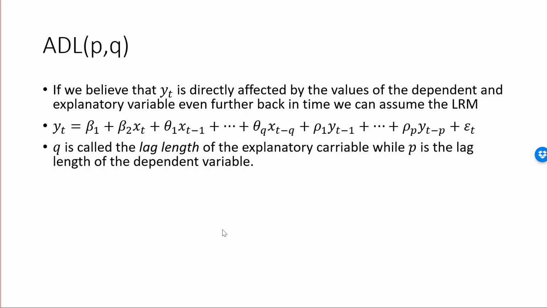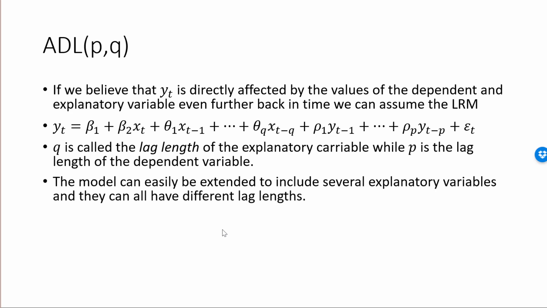Now, so far I've just looked at one explanatory variable, not to make the notation too messy, but it's certainly possible to have several explanatory variables. And you can have lags on all of these explanatory variables. And you can even have a different lag length for each and every one of the explanatory variables. So this is perfectly okay.